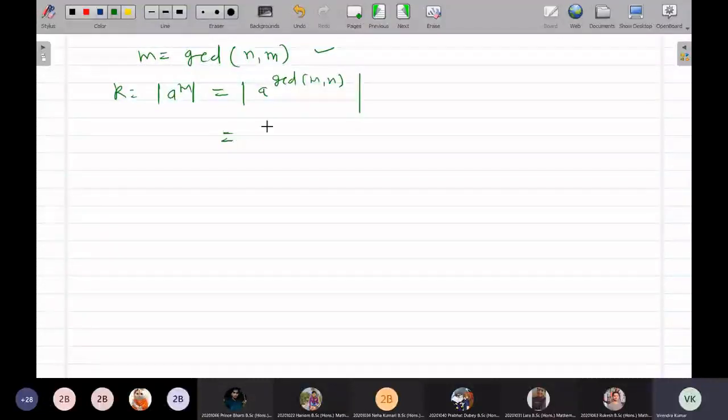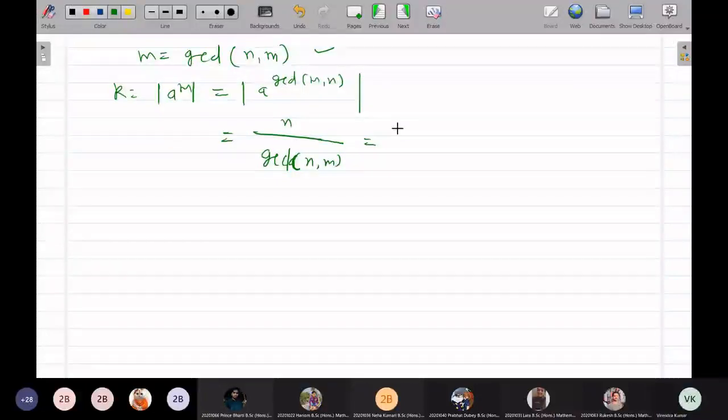And we know that the order of this element a to the power m is nothing but n, the order of that particular element, divided by the greatest common divisor of n and m. Okay. And the greatest common divisor of n and m is m. So this should be n by m. Okay. So this implies that k equals n by m.